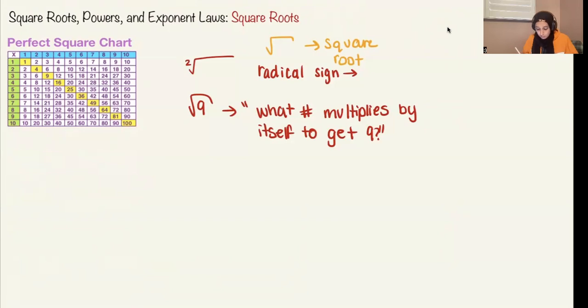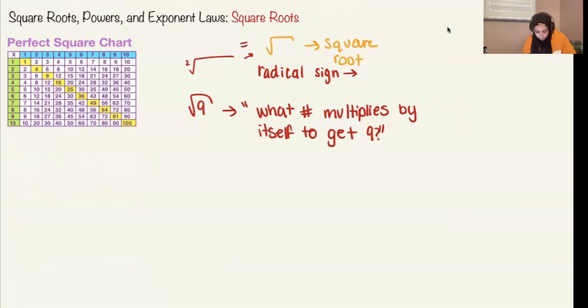This is what we call the square root, and we don't need that 2, so I'm going to even erase it. It's just for you to understand that that's the one with the 2. Whether it's there or not, these two mean exactly the same.